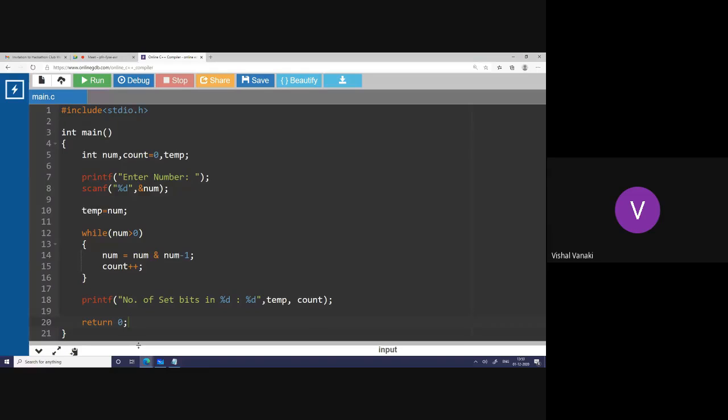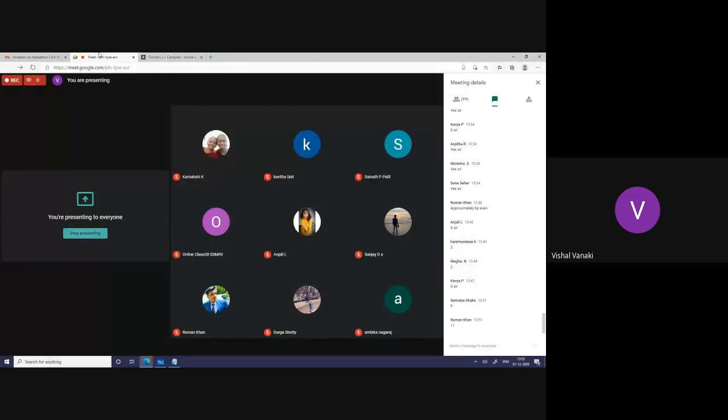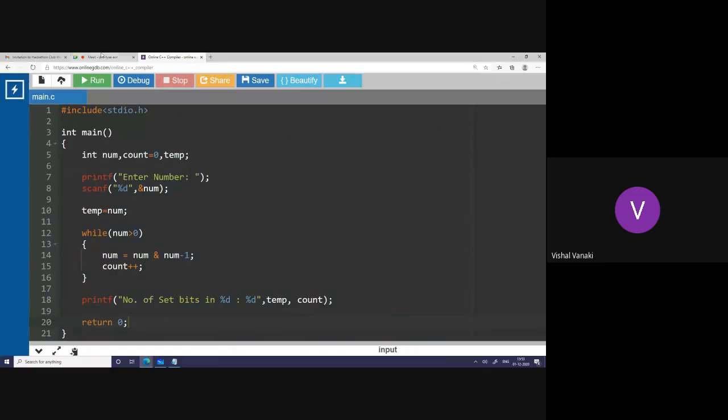You can press print screen and paste it in a Word document. Right? This is how we count the number of set bits. Are we clear on this?